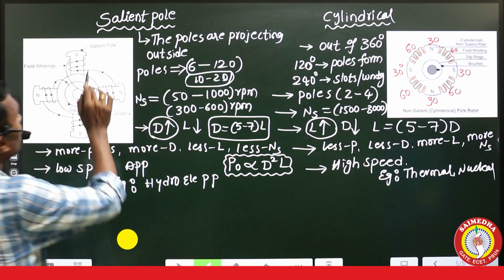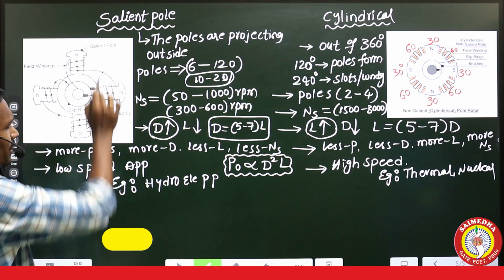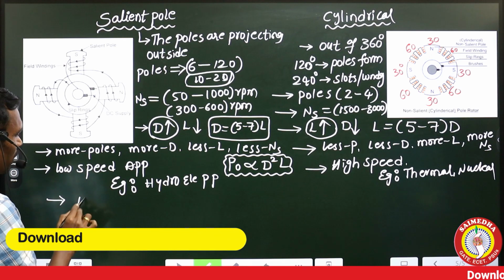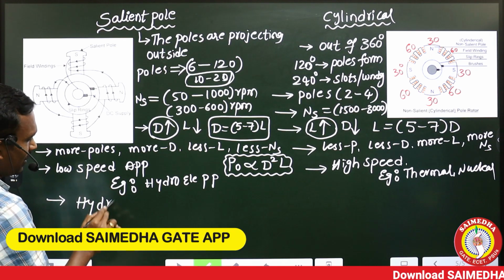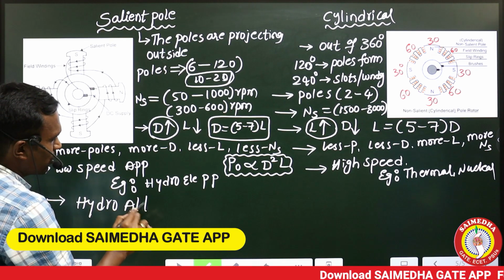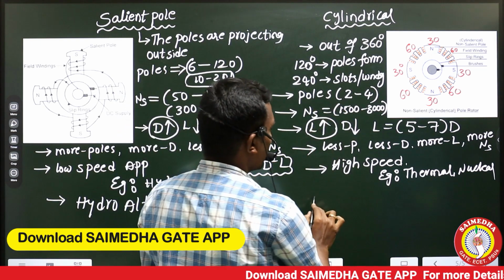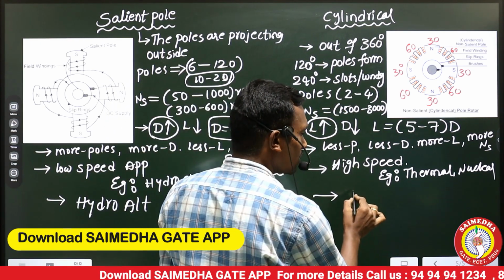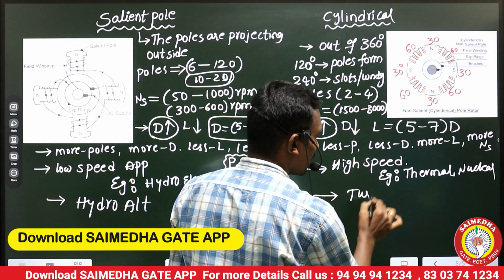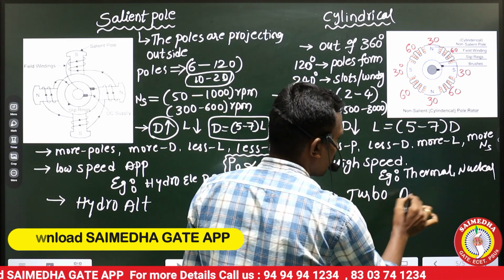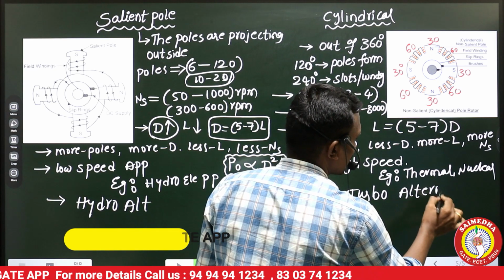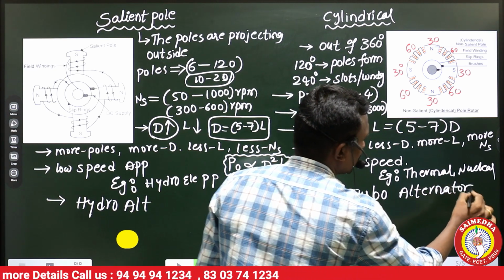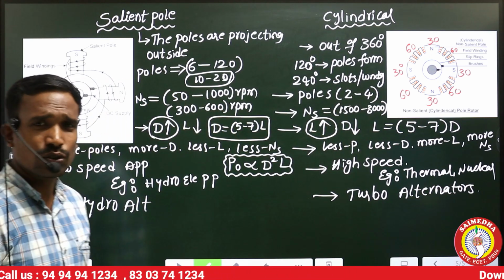Generally, salient pole alternators are also called hydro alternators, and cylindrical pole alternators are also called turbo alternators. So these are the main differences between these two.